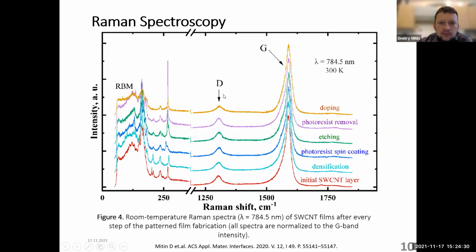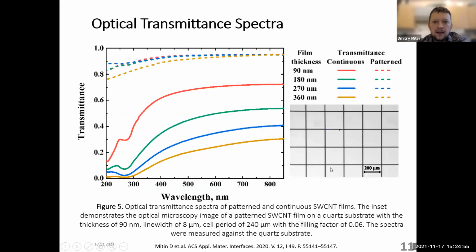Next, we made experiments with Raman spectroscopy, which show that there is no damage to our CNT electrodes after different procedures of our processing, such as densification, photoresist spin coating, etching, photoresist removal, and doping of films.